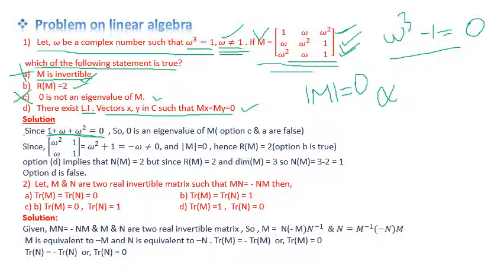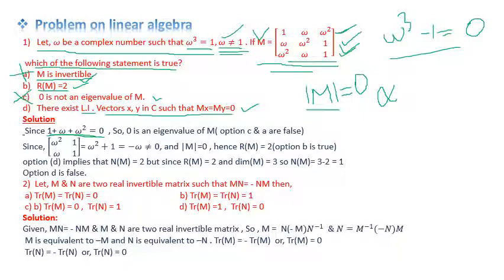Now here we check whether option B is correct or not. So R of M means rank of M. Here as you can see that since 0 is an eigenvalue of M, therefore the rank must be less than 3.